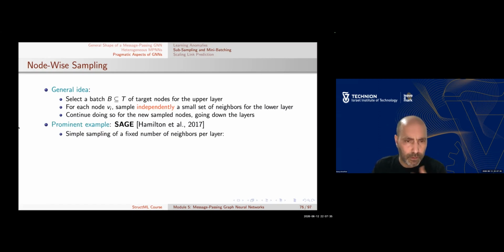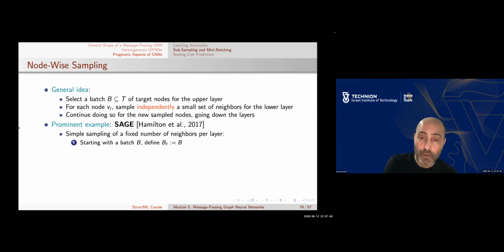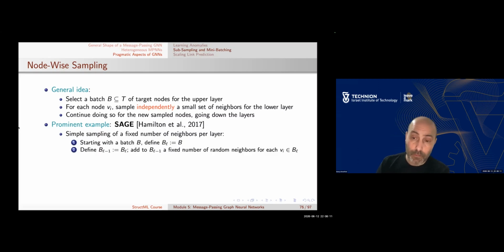A prominent example is Sage. Here we select a fixed number of neighbors for every node. Okay, and in terms of the implementation, you can define the number of nodes that you're sampling in each layer. The first step chooses 50 neighbors. The second step chooses 10 neighbors and so on. Okay, so we start with the target batch, call it BL, and then we create a batch for the lower level, BL minus 1.